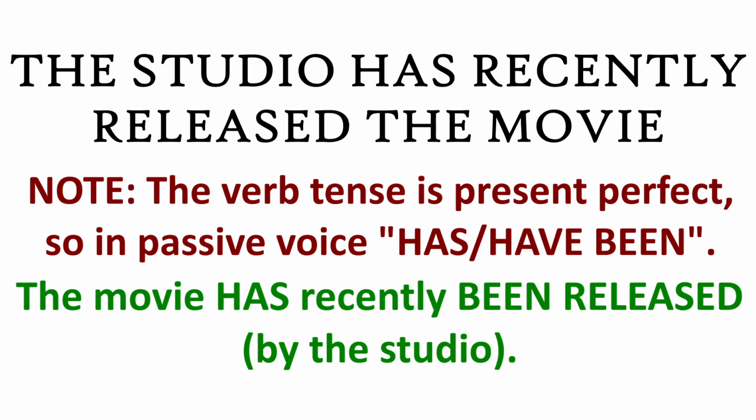Has released, present perfect. So we change this to has been. So has been is a be verb. Then the past participle, released. So our sentence, the movie has recently been released by the studio.